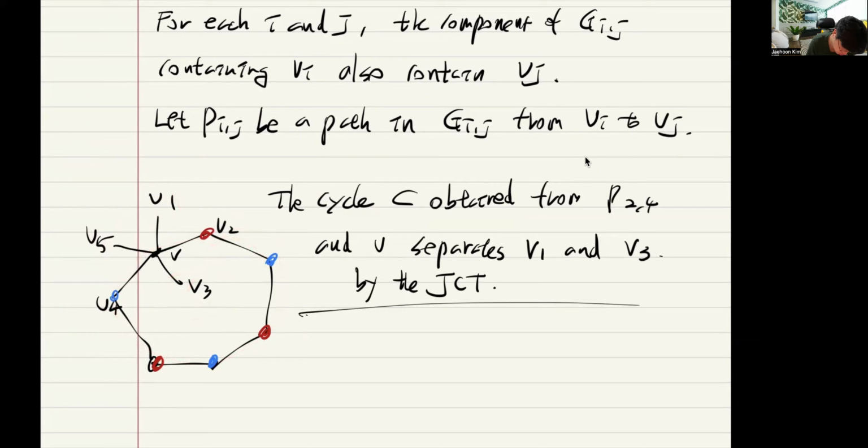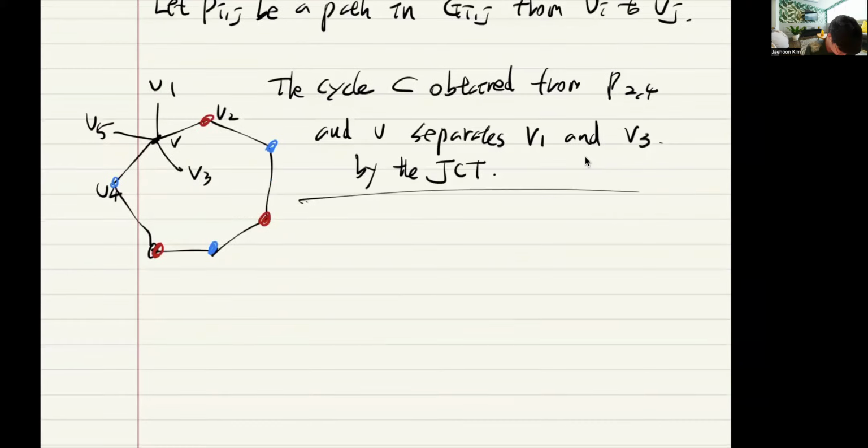Then P_3 has to be inside, P_1 has to be outside. Then we can consider the path P_2 again. Then it must cross this cycle C.